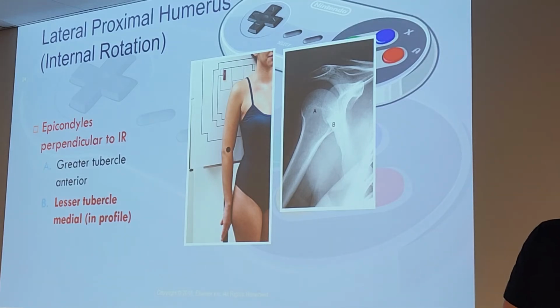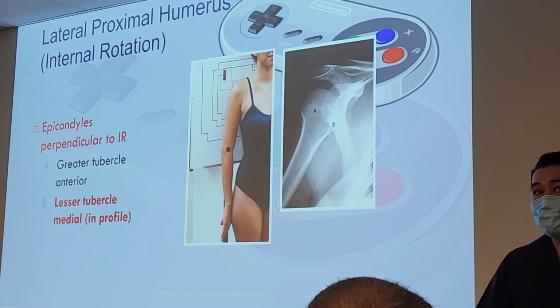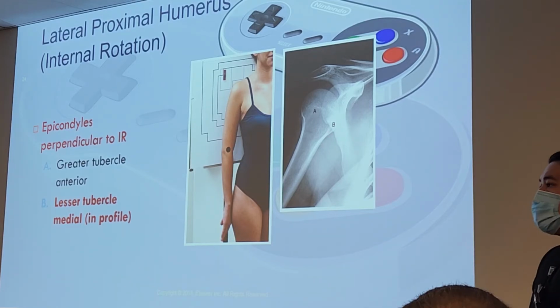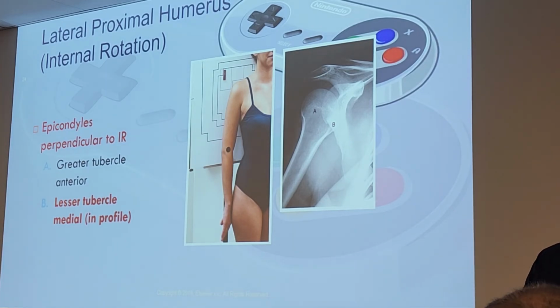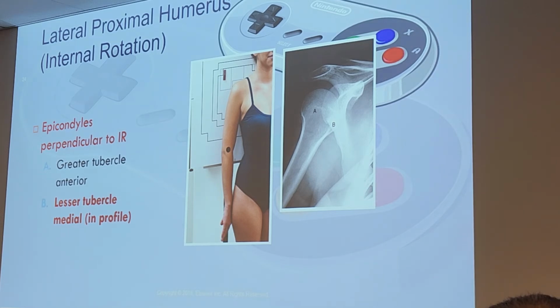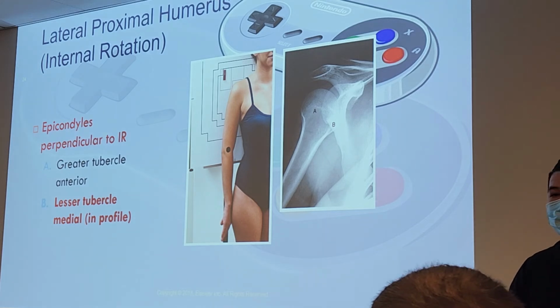When we do this, the greater tubercle is now superimposed and the lesser tubercle is going to be in profile, as you can see here. You'll be able to see it peek out beneath there, and the greater tubercle is superimposed on the humeral head. So it's very important to know which position shows which tubercle in profile, and where our epicondyles will lie as we move through those positions.